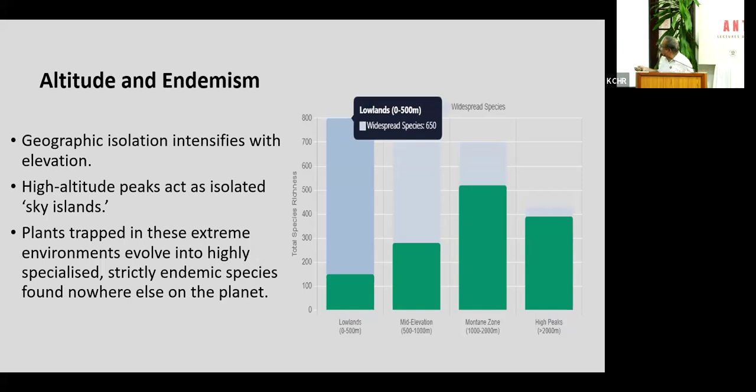Lowlands have very low numbers of endemic species because there is no unique habitat for the species to survive. But at the same time, there are many species which look for a unique habitat, a very narrow niche, which has been moved into the high elevations of this area.